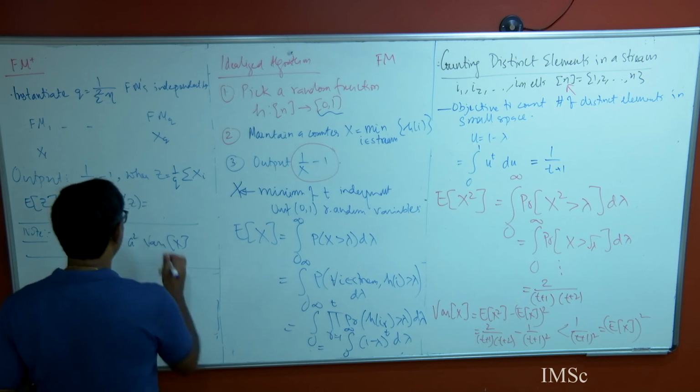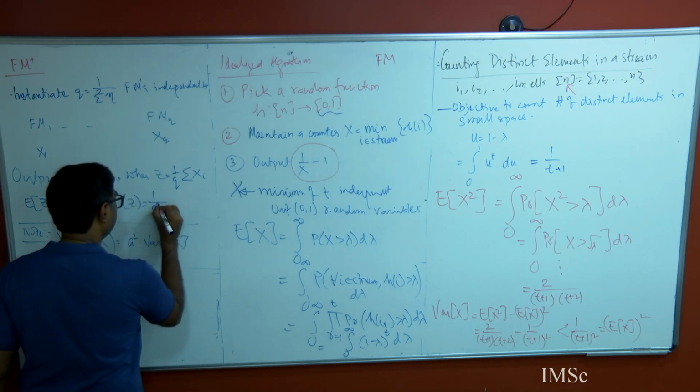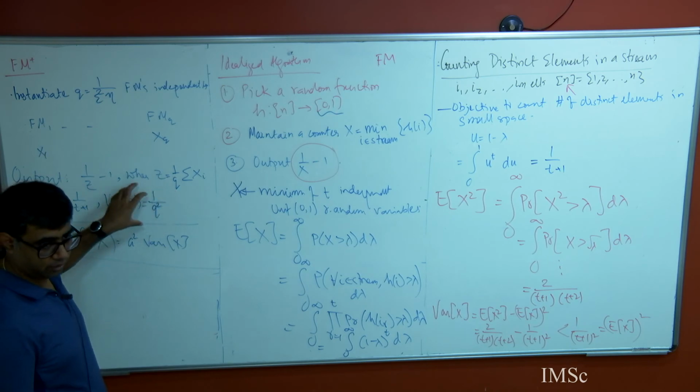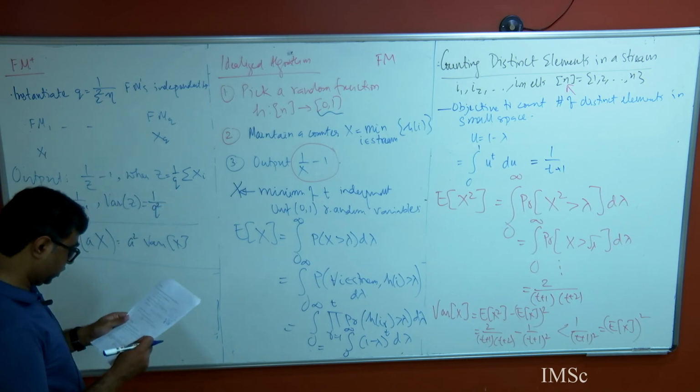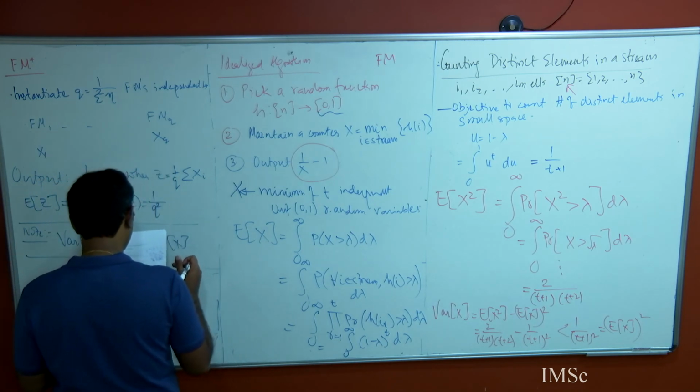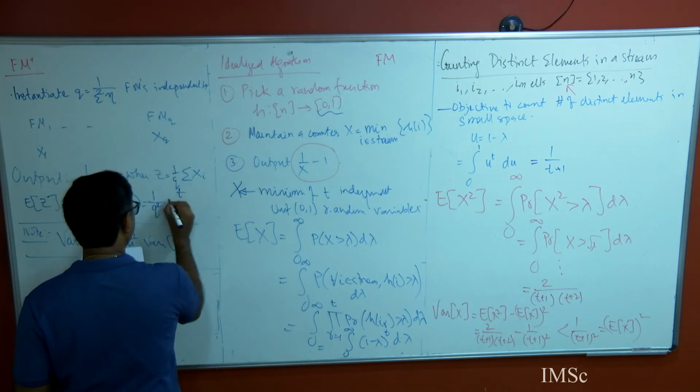So it is going to be 1 over q square, because z is 1 over q, right? So I have multiplied them, times, why are we getting t?